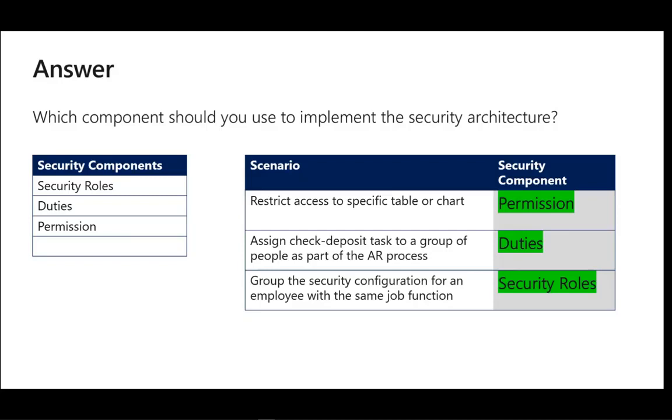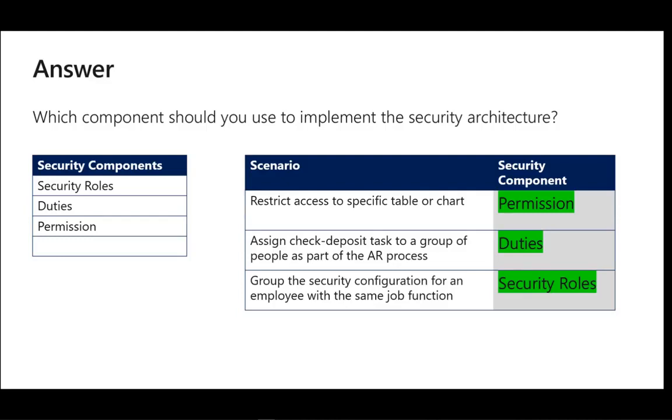Based on what we learned today about the Dynamics 365 for Finance and Operations security hierarchy, restricting access is about permission for a specific table. So that's why we map it to permission.